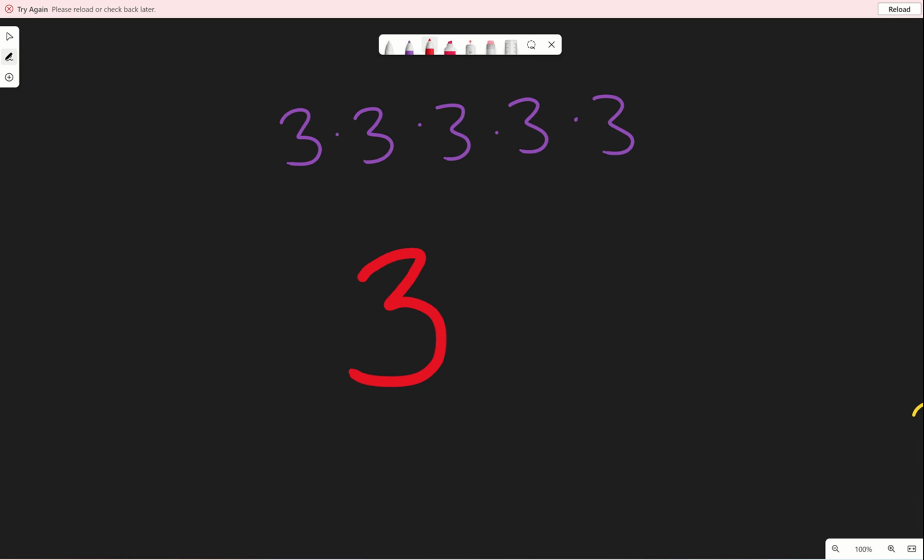That's my big number. That's my base. And I'm multiplying 3, 1, 2, 3, 4, 5 times. It's going to be to the power of 5. This is 3 to the power of 5. I'm multiplying the number 3 times itself 5 times.